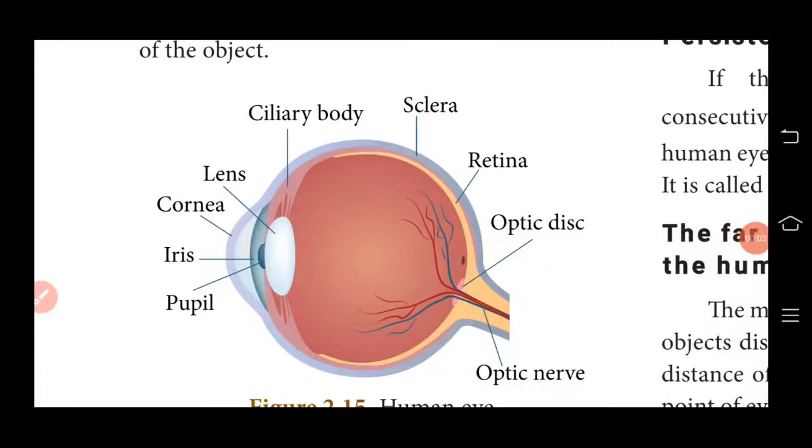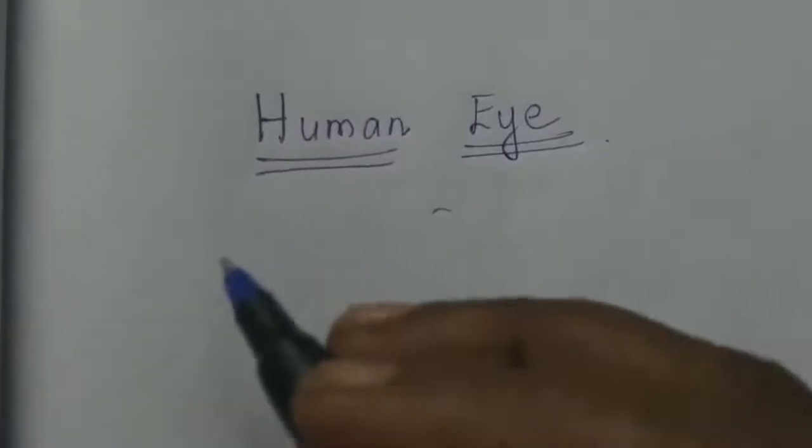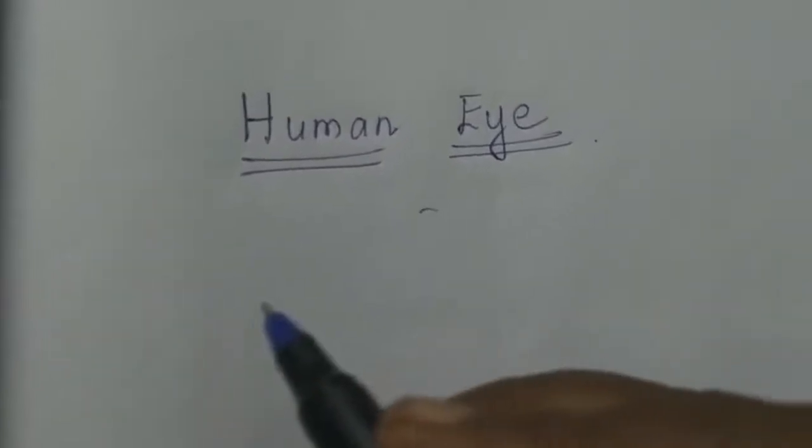Students, some important parts of the human eye are cornea, iris, pupil, retina, eye lens and ciliary muscles. Let me shortly recall once again about all these parts. Before going to our new topic, you must know the important parts present in the human eye.